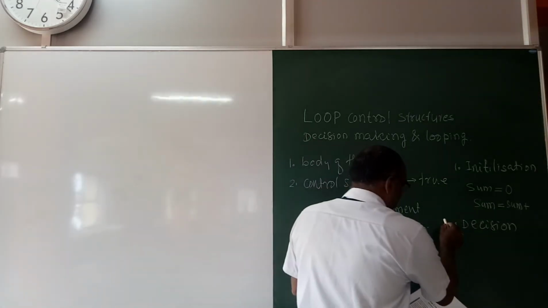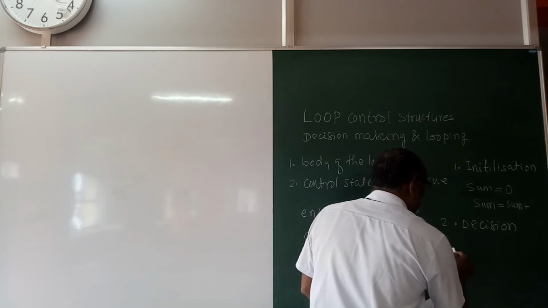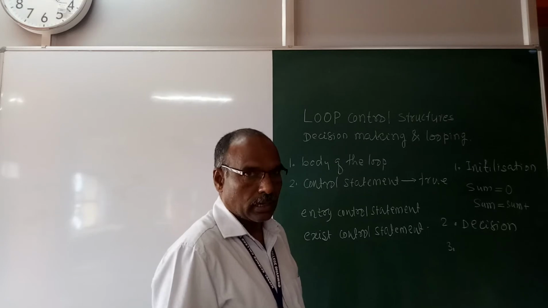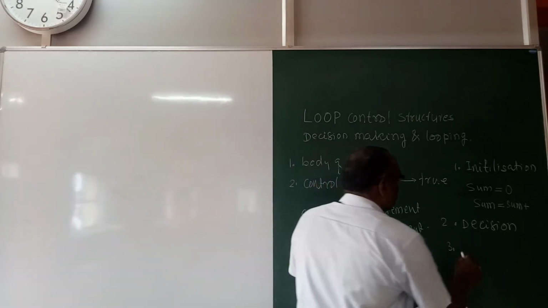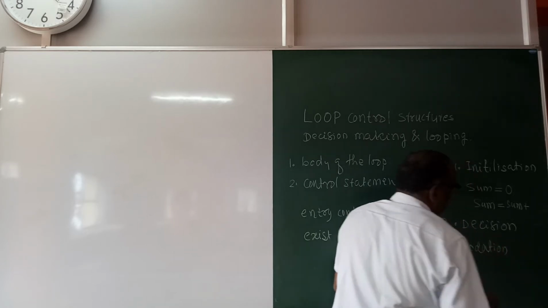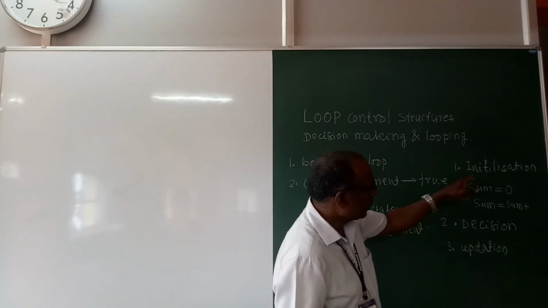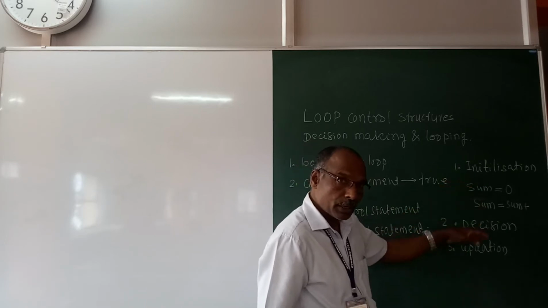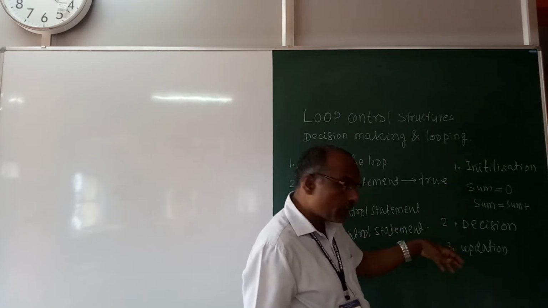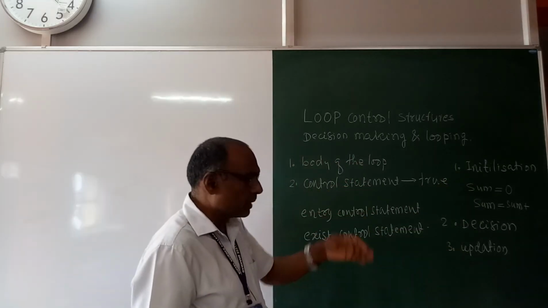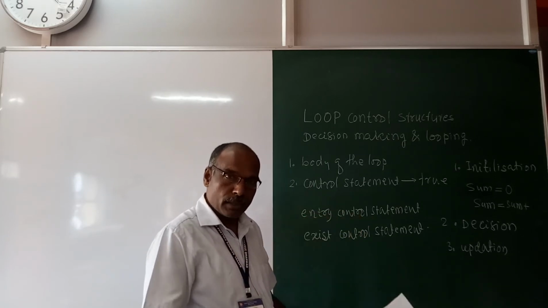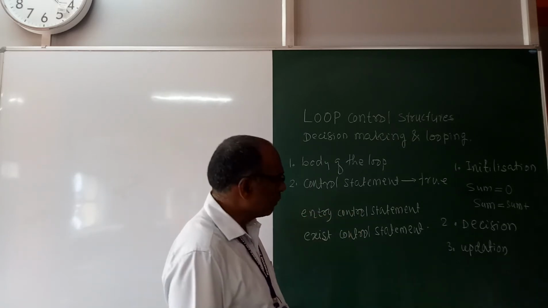The third step is updation. So we have to update the counter, that is, the initialization or incrementation of the counter should be updated every time, that is, every pass: the first pass, the second pass, then the third pass, maybe n passes for a loop.